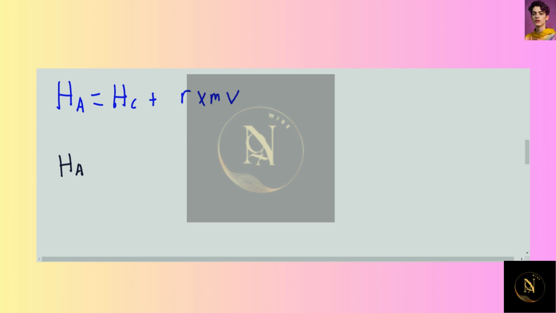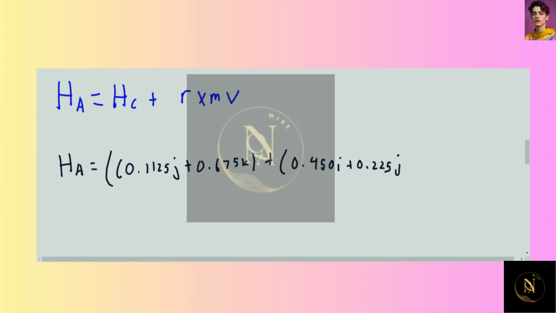So now we plug everything in. So we plug in H of C, the j component plus the k component, and then plus the r vector cross the mass times the velocity vector.